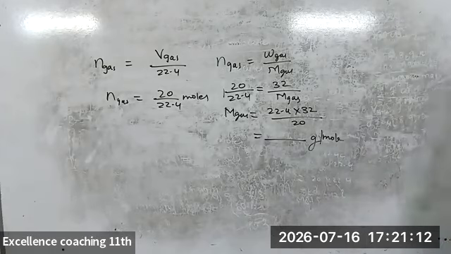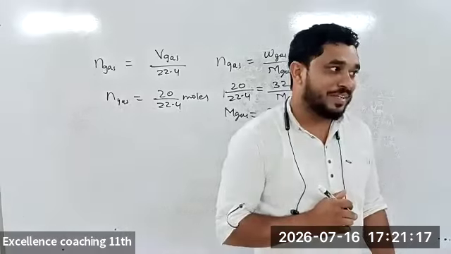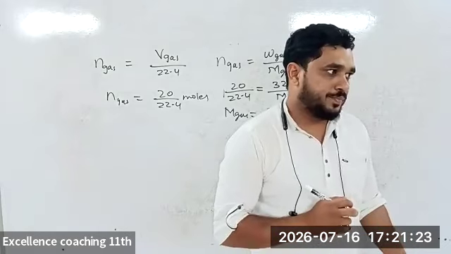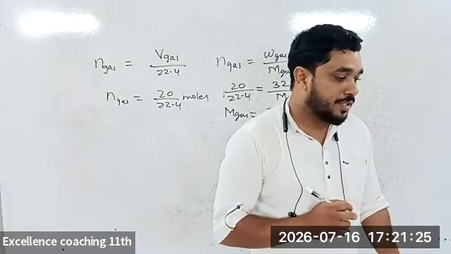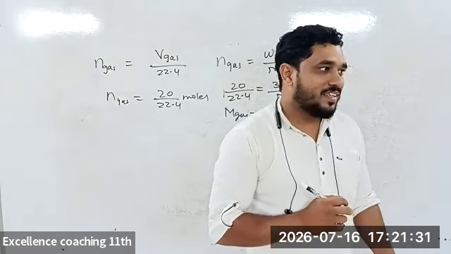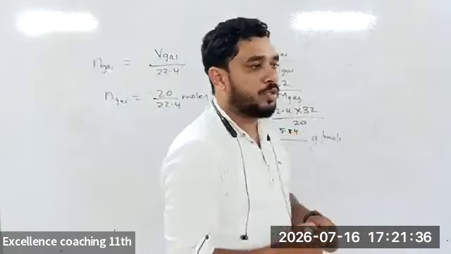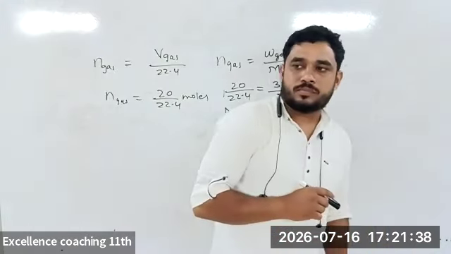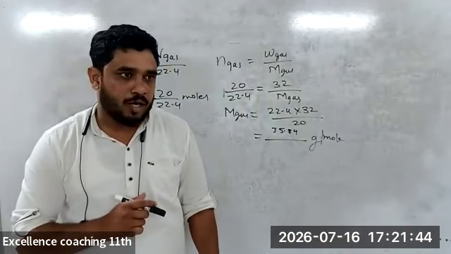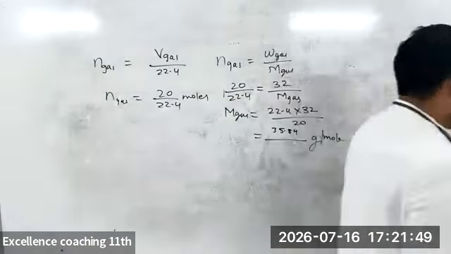Let it be now, but the answer I am getting is 35.8. After the decimal, at least you have to keep a minimum of 2 digits. The correct answer is 35.84. See, be careful. The final answer will be 35.84 grams per mole. Have you understood the substitution? Okay, 35.84 is the answer.